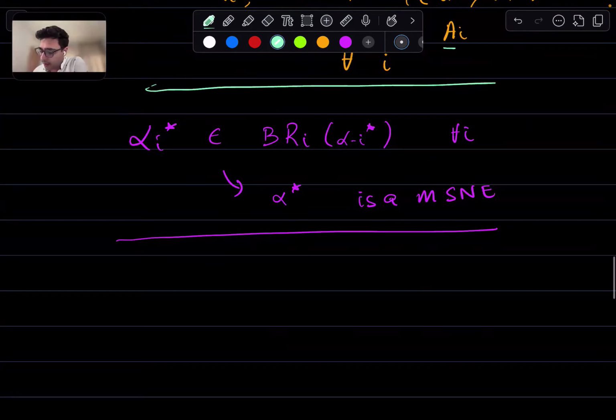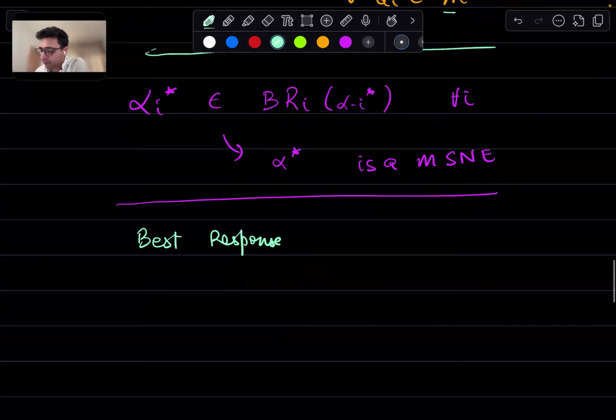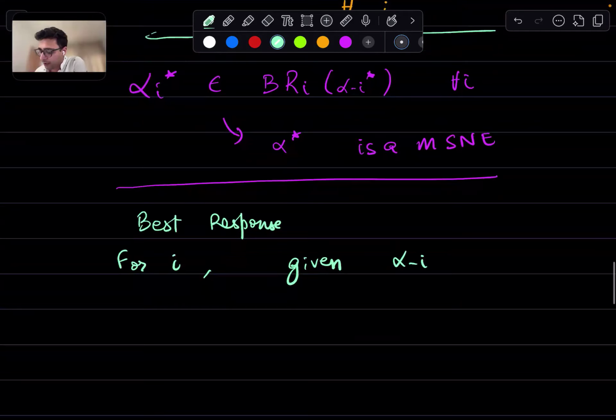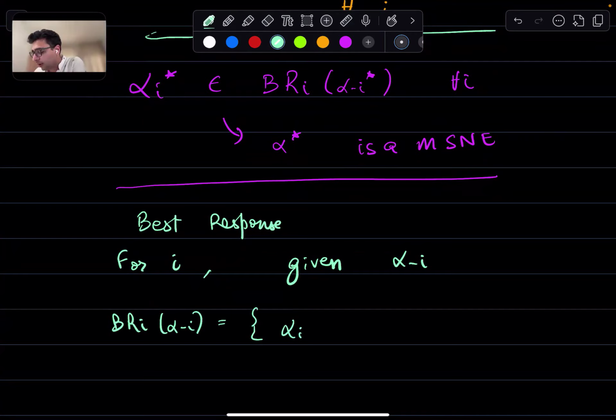So the best response, as before, is defined for a player I and given alpha minus I. Okay. BR I as a function of alpha minus I will be the set that contains all alpha I's such that the utility that player I gets in expectation from choosing alpha I given alpha minus I should be at least as large as the utility that, again, I also have to get used to writing expected utility now.